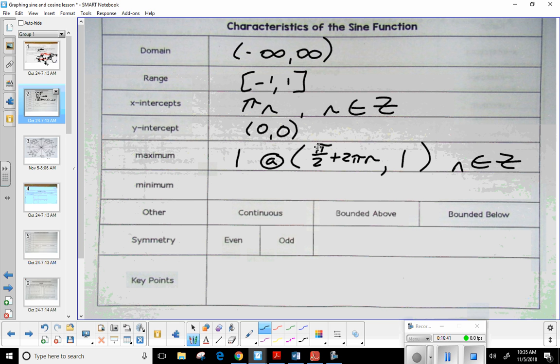Okay. Now let's see if you can come up with a similar expression for the minimum values. Again, you're going to have an infinite number of these. Okay, so I'll give you, let's say 15 seconds.